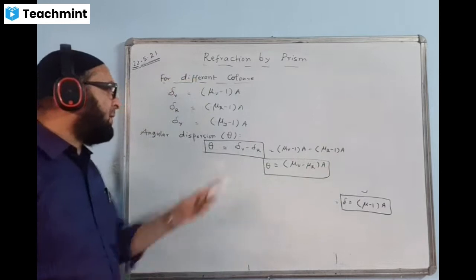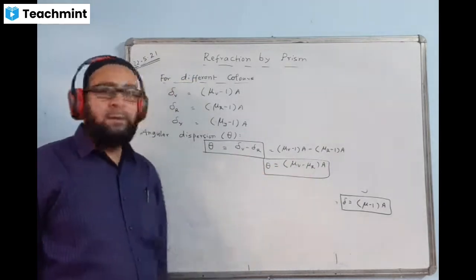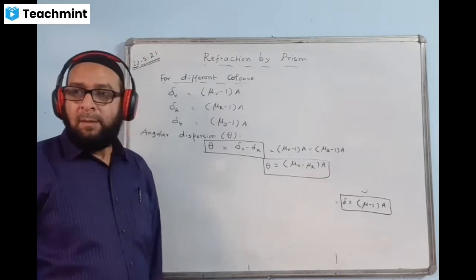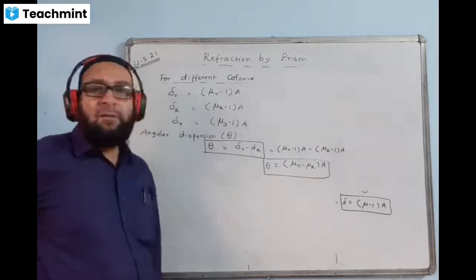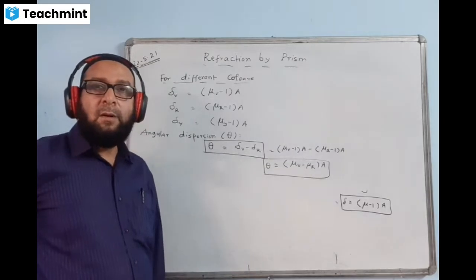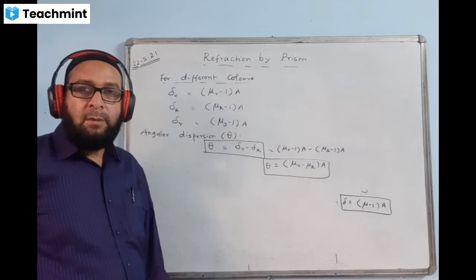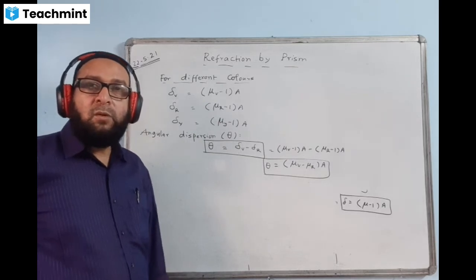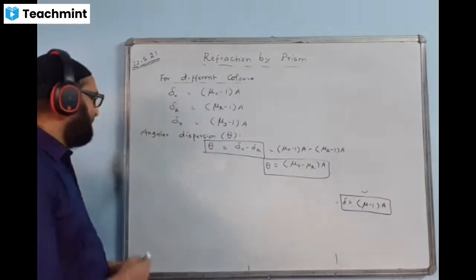There are two expressions. One is delta V minus delta R, and the second one is mu V minus mu R into A. One expression is in terms of angle of deviation, another one in terms of refractive indices of the two colors of light, mu V and mu R. Understood? Yes.